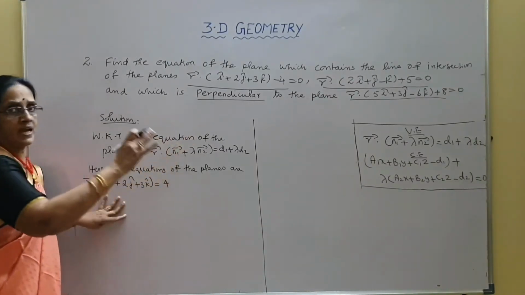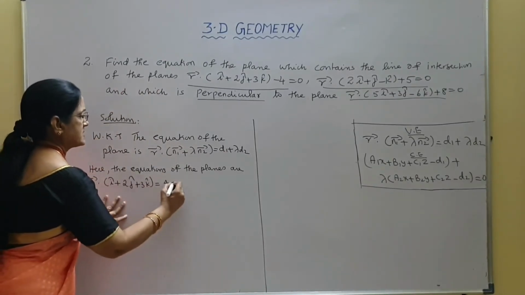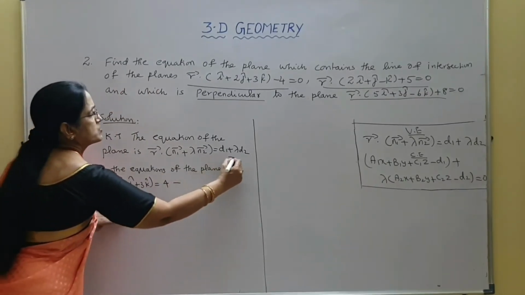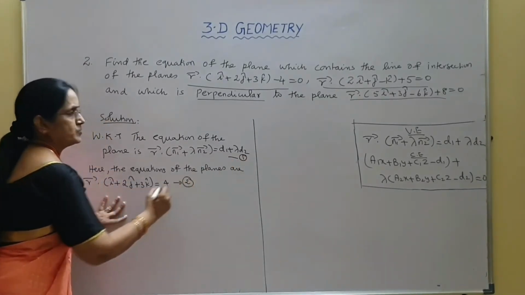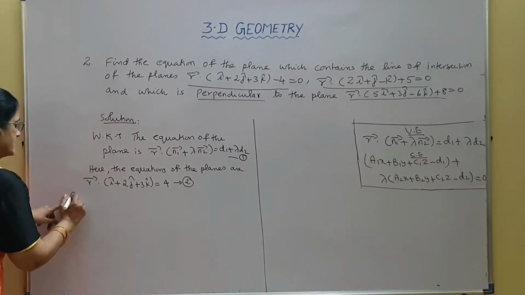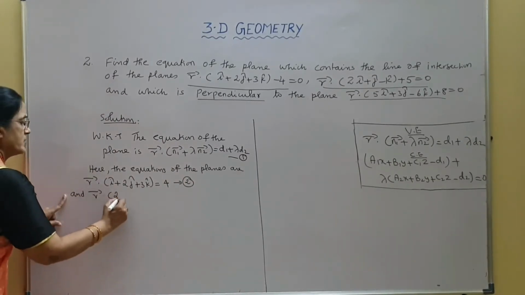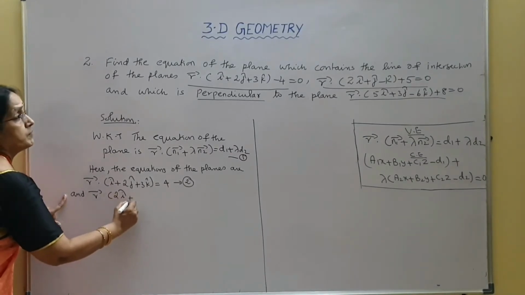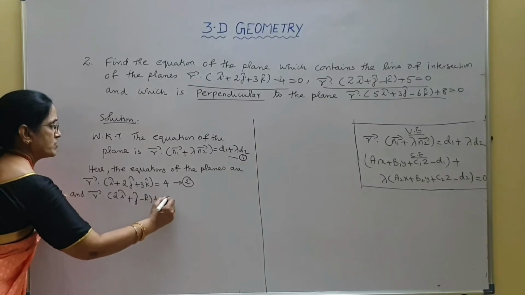Let me take it that way, I am taking minus 4 to the other side. Let me name this equation as 1, this one as 2, and r vector dot (2i cap plus j cap minus k cap) plus 5 equal to 0.